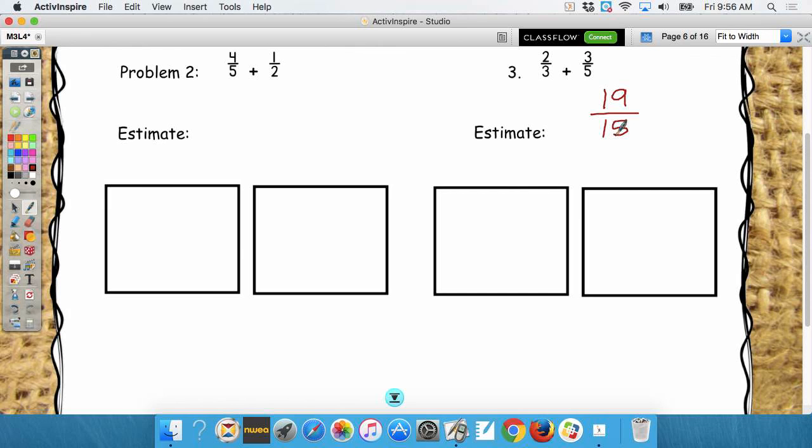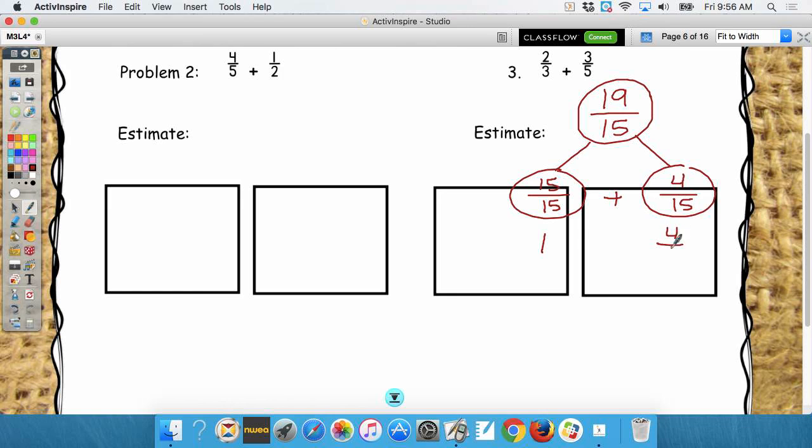You can think of 19/15 and a number bond. Okay? I'm going to take out 1 whole. So how do I break 19 apart when 15 is my whole? 15 plus 4, correct? That's another way you can think of it. So that's 1 whole plus 4/15.